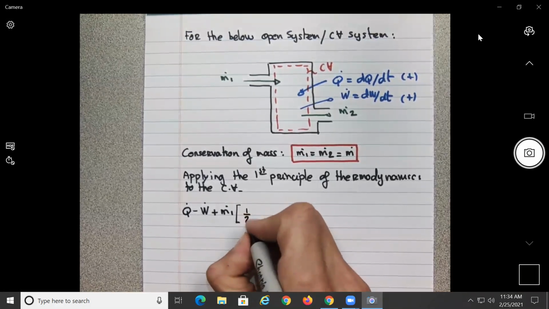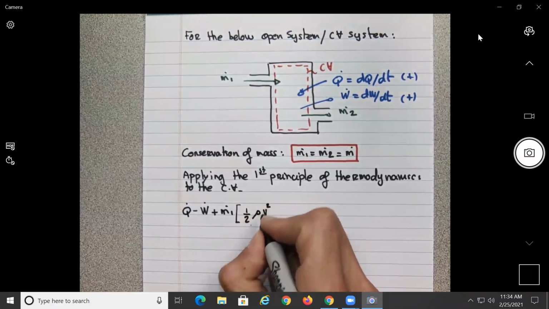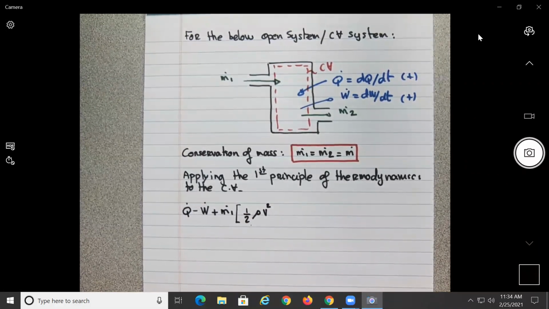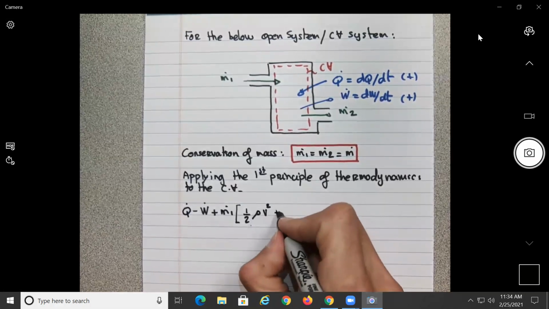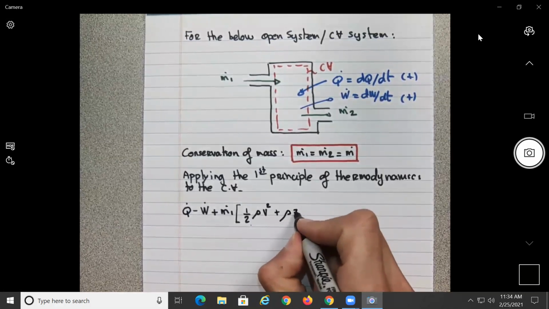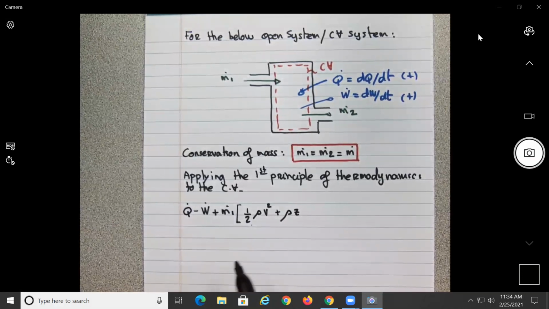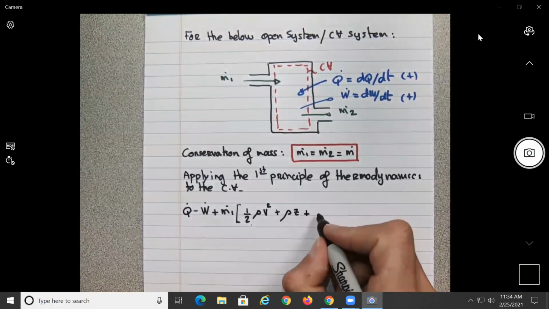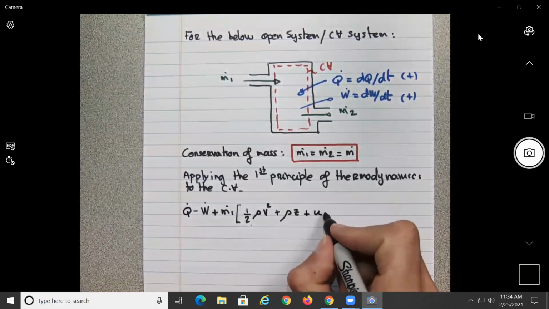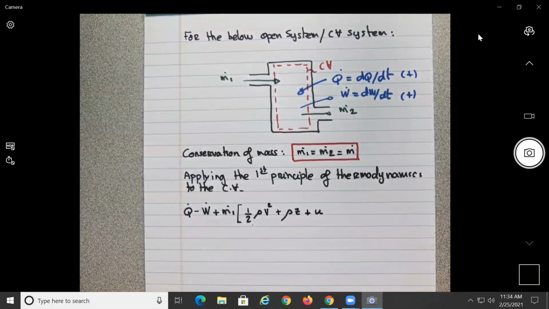So this will be equal to what? 1/2 rho v squared. It can be potential energy, rho z. I don't want to use h because h is reserved for enthalpy. Then it can come as internal energy.